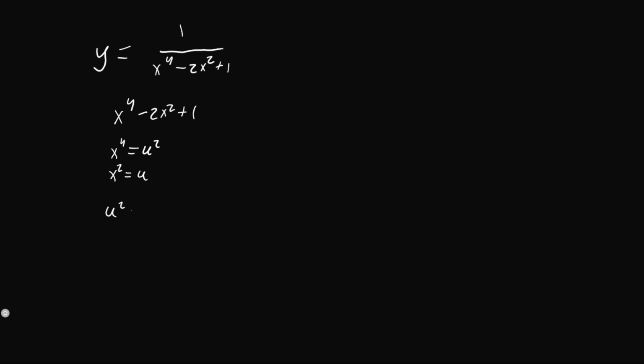So we get u squared minus 2u plus 1, where we could easily factor this, giving us u minus 1 times u minus 1, basically giving us a repeated solution, u minus 1 squared. And we could plug in x squared for u now, so we have x squared minus 1 squared, giving us x is equal to plus or minus 1.